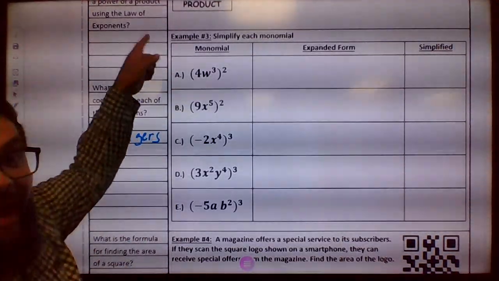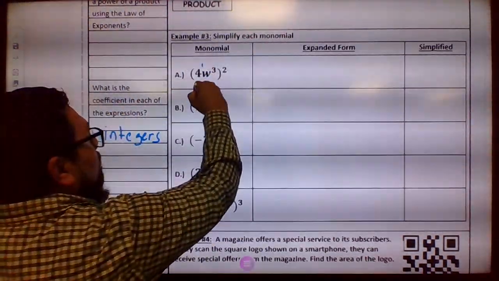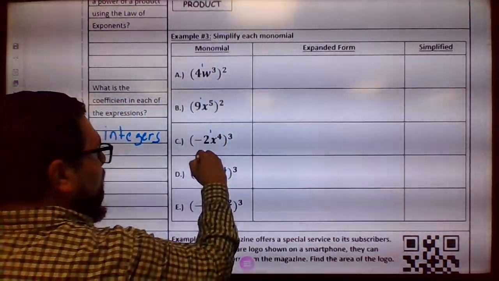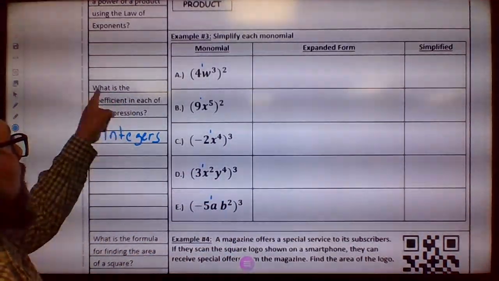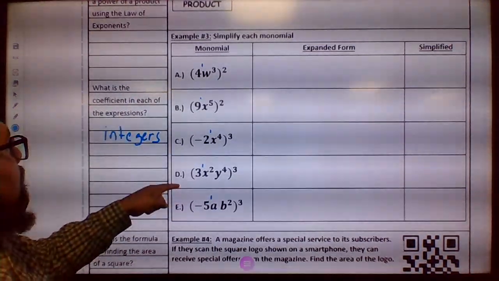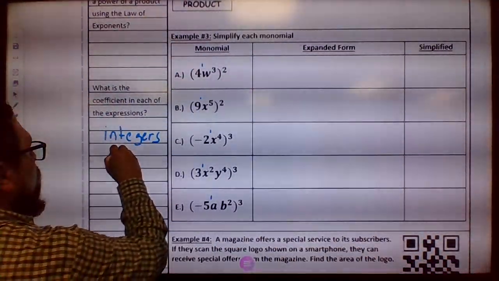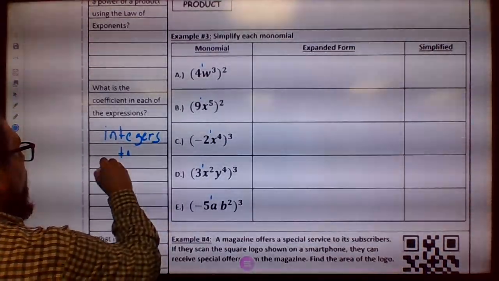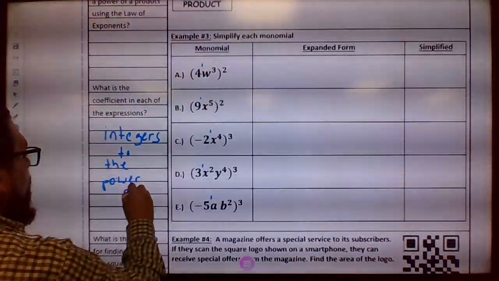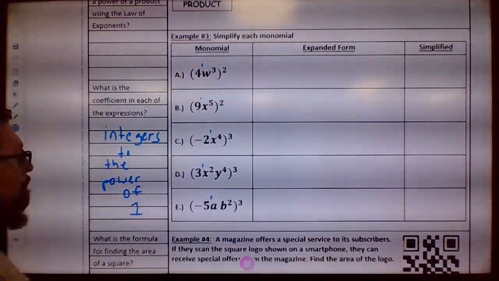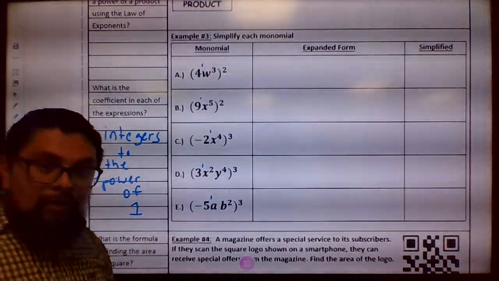And as a matter of fact, they're to the power of 1: 4 to the 1, 9 to the 1, negative 2 to the 1, 3 to the 1, negative 5 to the 1. So we answered this part. Let's go on to example 4.